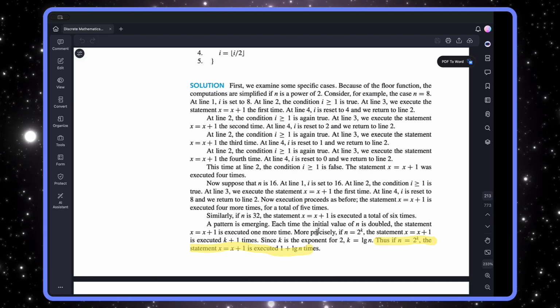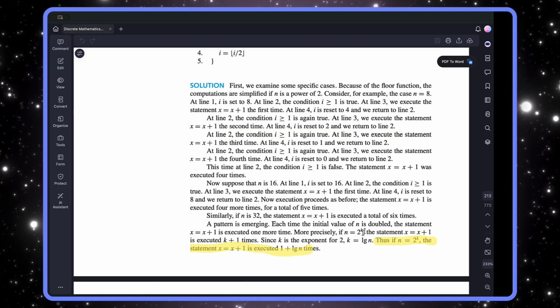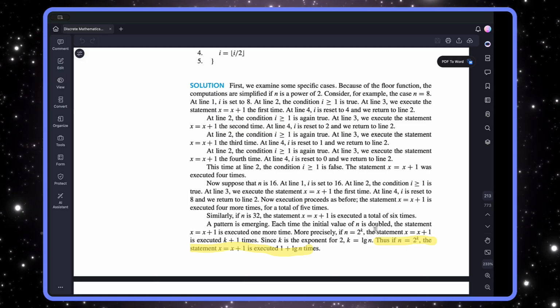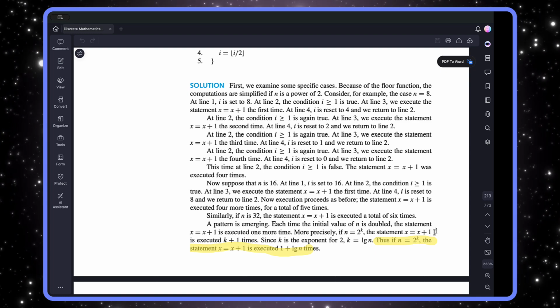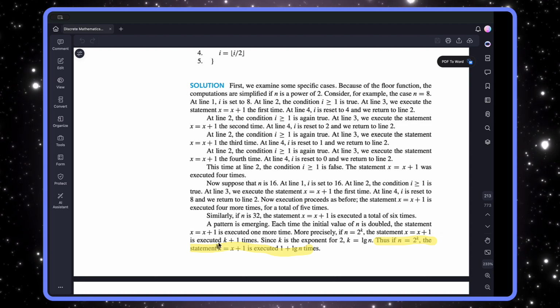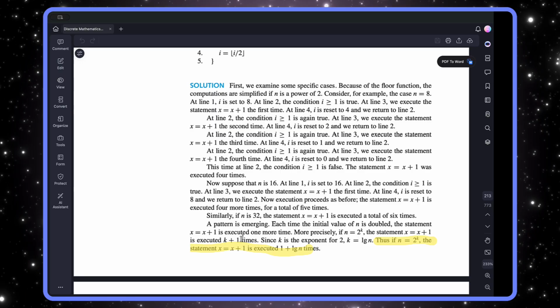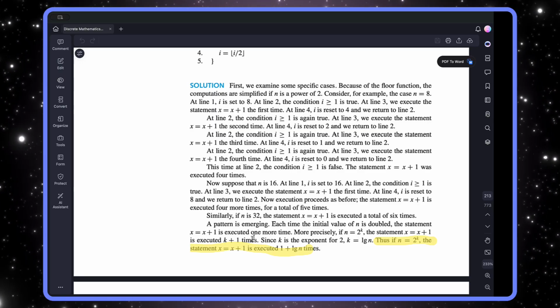More precisely, if n is equal to 2 to the k, the statement x equals x plus 1 is executed k plus 1 times, okay?